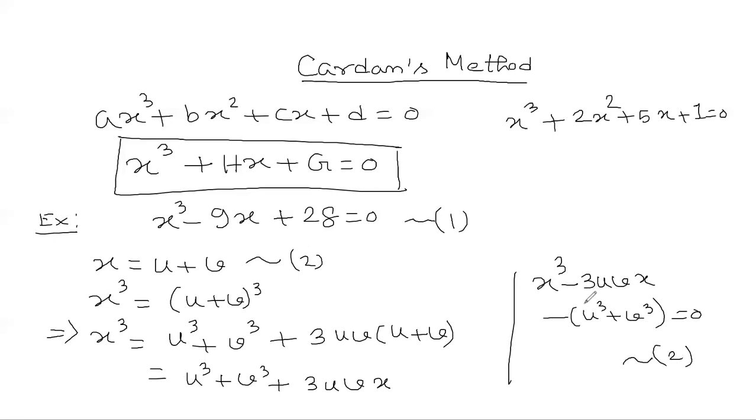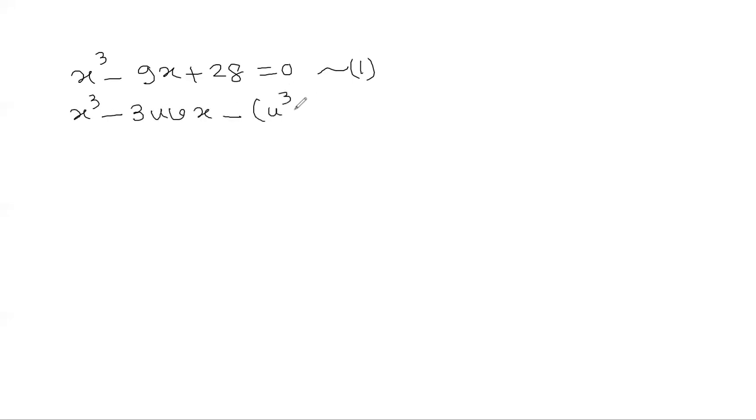Now if you compare these two equations, equation 1 and 2, what is equation 1? That is the given equation, x cube minus 9x plus 28 equal to 0. And you have derived x cube minus 3uvx minus (u cube plus v cube) equal to 0.